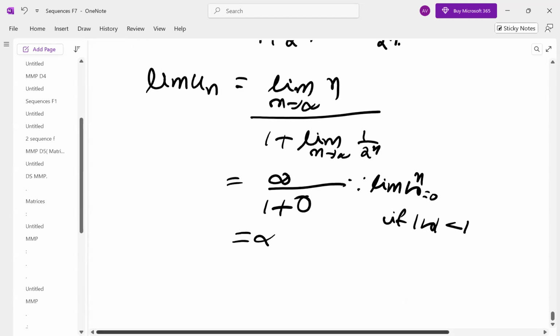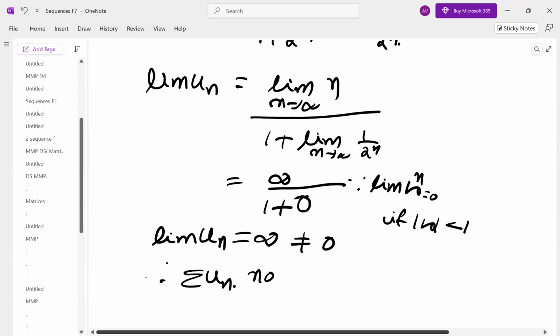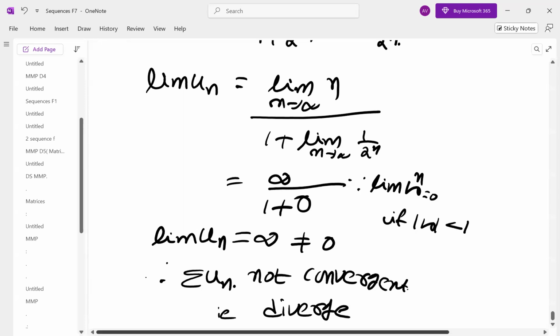Infinity by 1 is infinity. So limit un is infinity, which is not 0. Therefore, summation un is not convergent. Can also say divergent because it is positive term series.